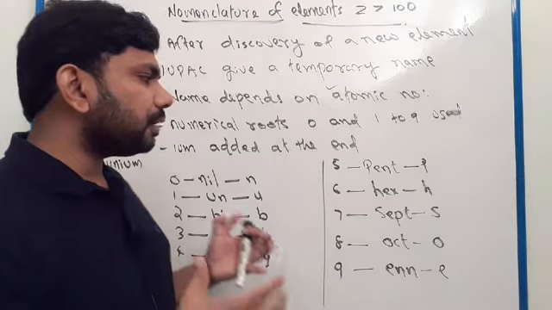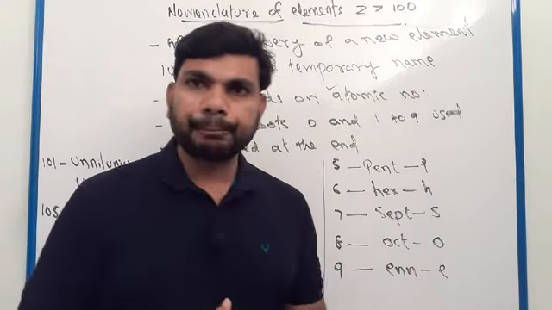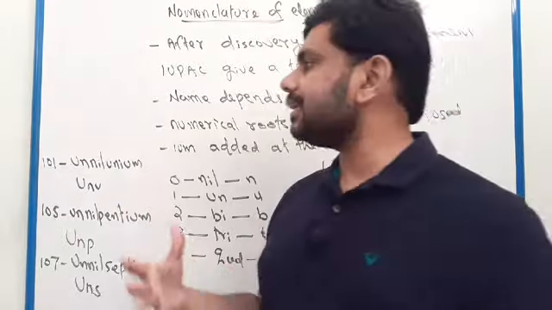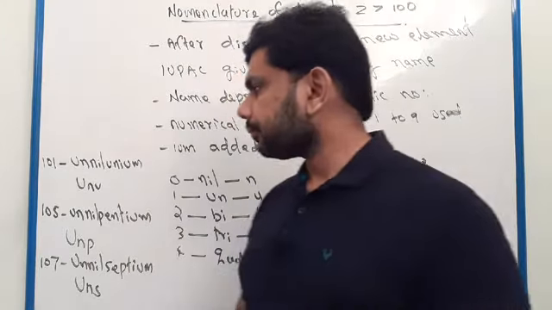So this type of prefix we use. How do we use these prefixes to give an IUPAC name for a new element?